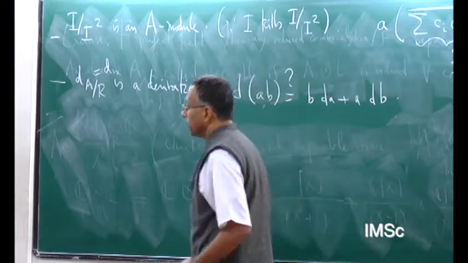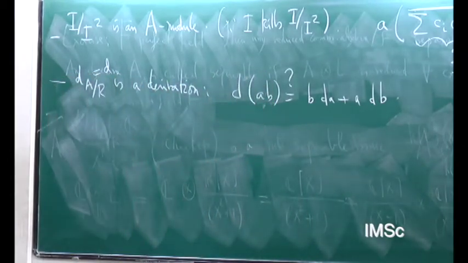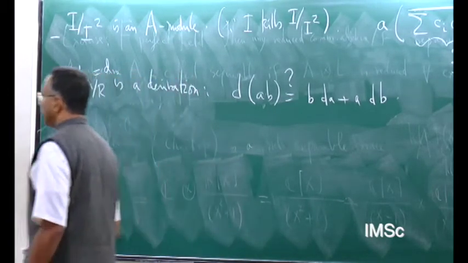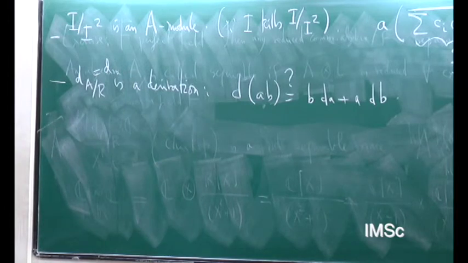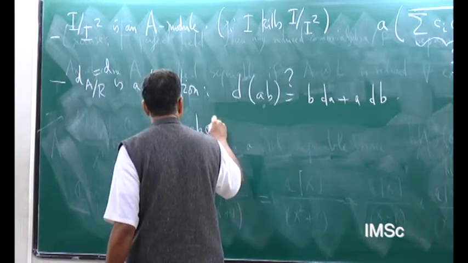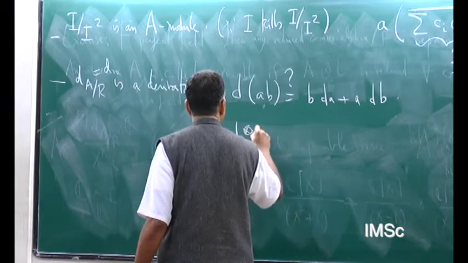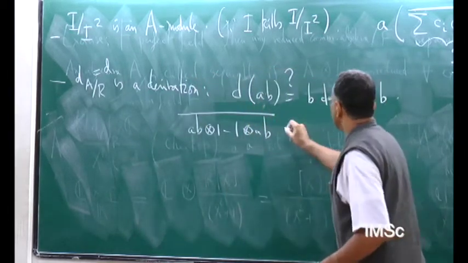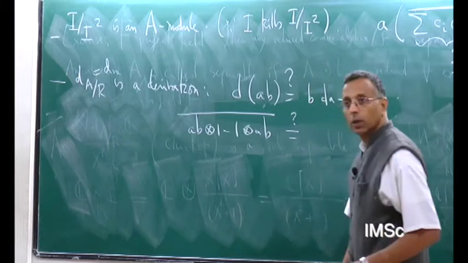What is D of AB? D of anything is, by definition, AB tends this, right? So it is AB with a bar, to denote it's in I mod I square. This is AB tensor 1 minus 1 tensor AB bar. Is that equal to, right?